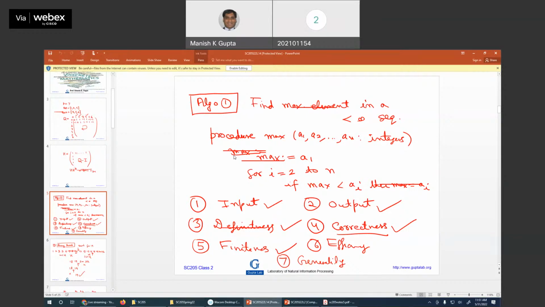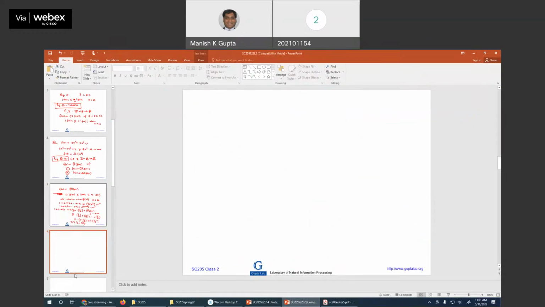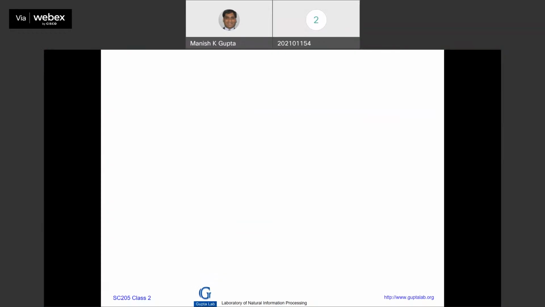And what else? Let me write it down for you. So this maximum and comparison are the basic operations. For each i, from 2 to n, the loop is running from 2 to n. We are doing two comparisons, right?